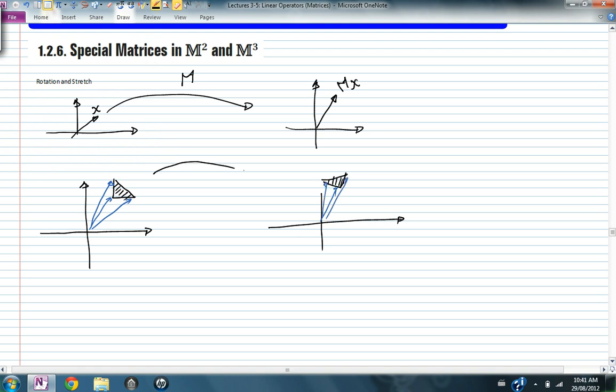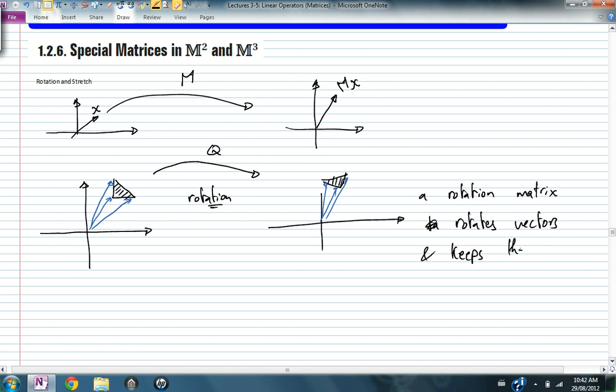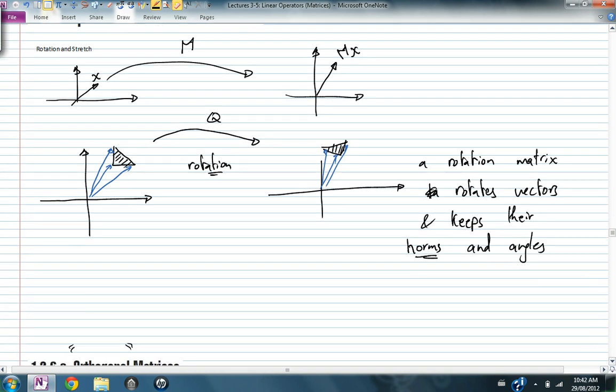So a rotation matrix rotates vectors and keeps their norms and angles. After rotation, the angles between vectors do not change, and so the dot product is maintained. The values of the dot product before and after rotation are the same.